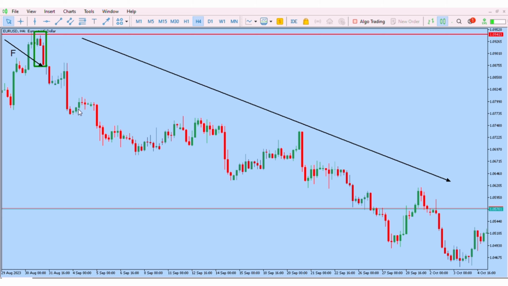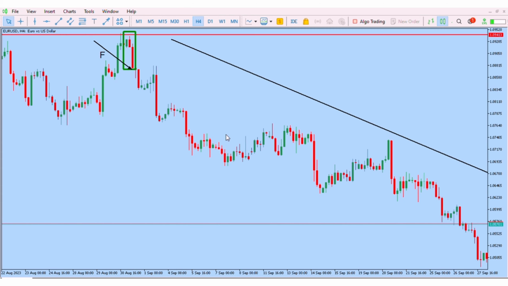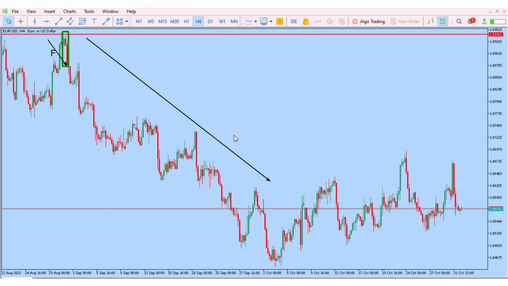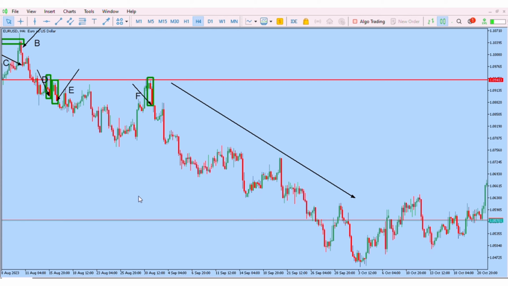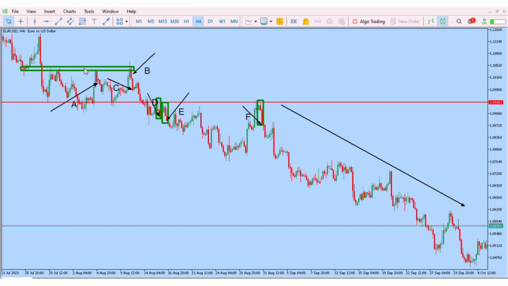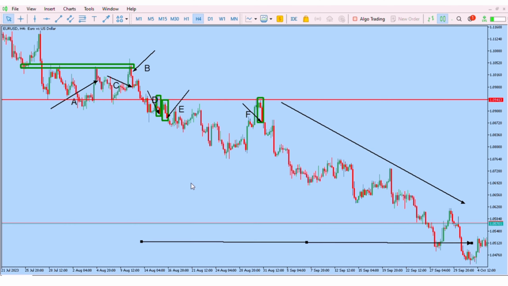When you zoom out, you will see a nice trend that yielded huge profits. And this run of pips lasted for over 1 month.